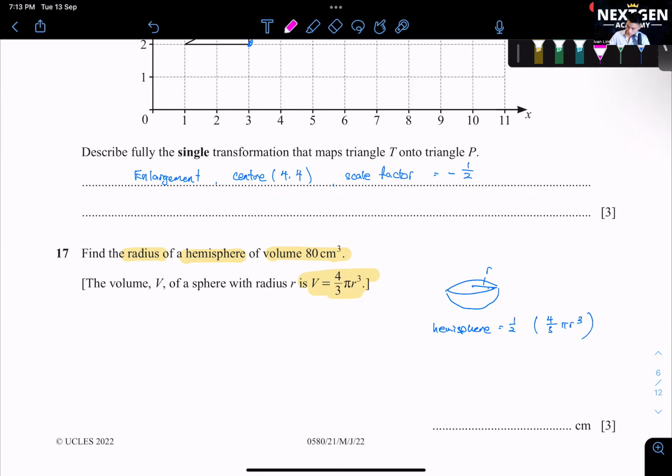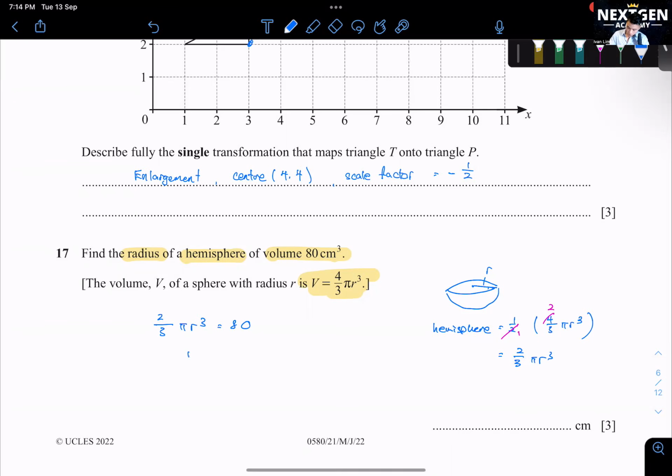Then you cancel. Go, count sphere. Better be careful. Read the question properly. So 2 over 3 pi r cube equals 80. We just rearrange this entire thing. You can take 80 times 3 over 2 divided by pi.